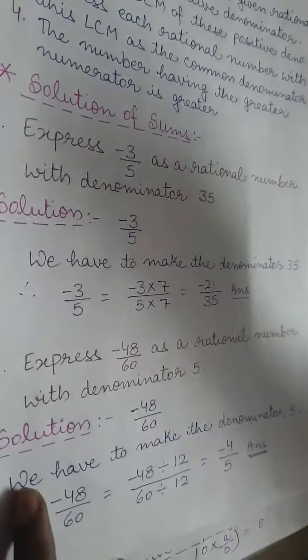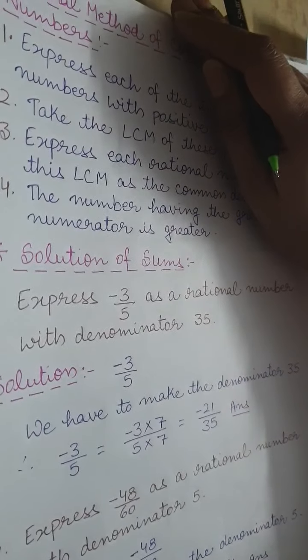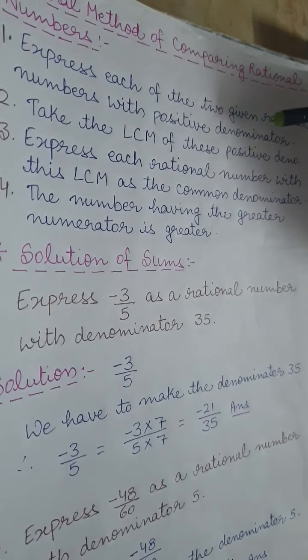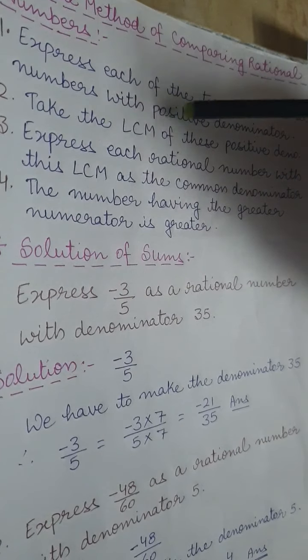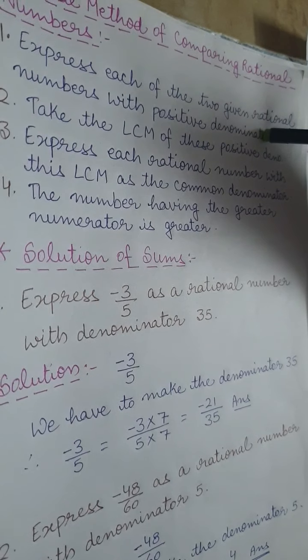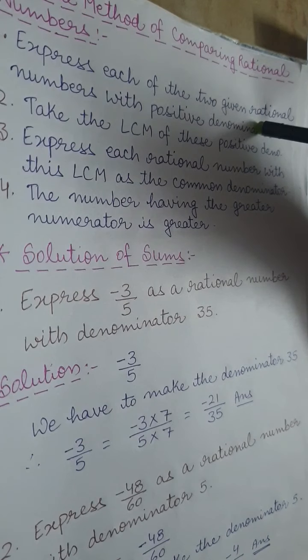how can we solve the sums? What is the general method of comparing rational numbers? First, what we have to do? Firstly, we have to express each of the two given rational numbers with a positive denominator. Means जो भी हमको rational numbers given हैं उनके denominators को हम पहले क्या form करेंगे? Positive. Fine.